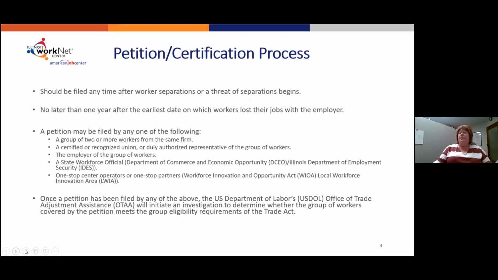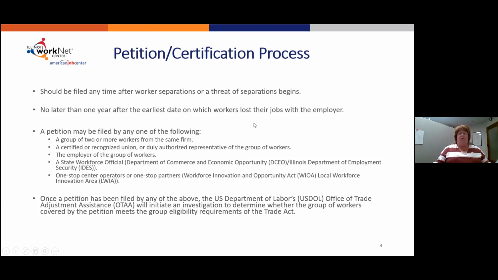So the first step in the process is for a petition to be certified. So we're going to walk through the petition certification process. A petition should be filed anytime after there are worker separations or if there's a threat of a separation that begins at an employer. We usually like it to be no later than 1 year after the earliest date on which the workers lost their jobs with that employer.